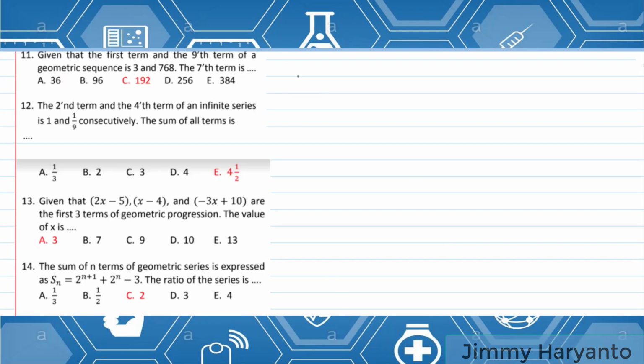Next, 11. Given that the first term and the ninth term of a geometric sequence, the first term is 3 and the ninth term U9 equals 768. The question wants us to find the seventh term, so we have to find the ratio first from U9. The formula is ar to the power of n minus 1, equals 768.